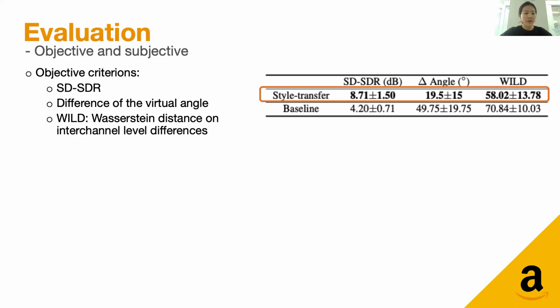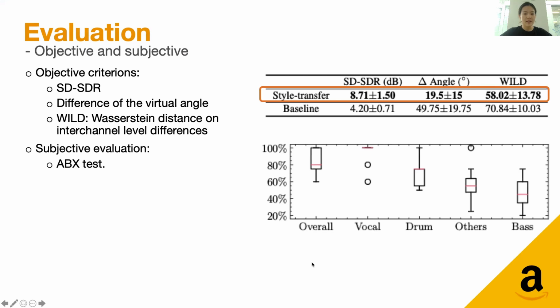It is also noteworthy that even with some potential artifacts coming from the implicit source separation, our model still gets 2 times higher SD-SDR in comparison with the baseline. We also did an A/B-X test and asked the participants to pick between our method and the baseline, which one is more similar to the ground truth.